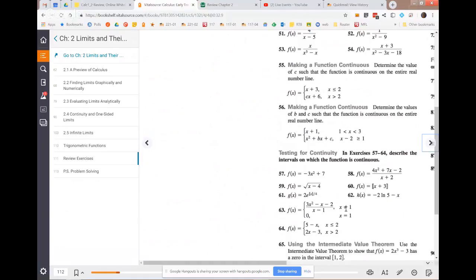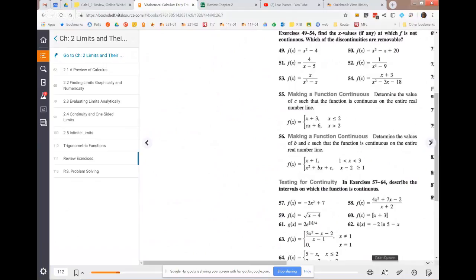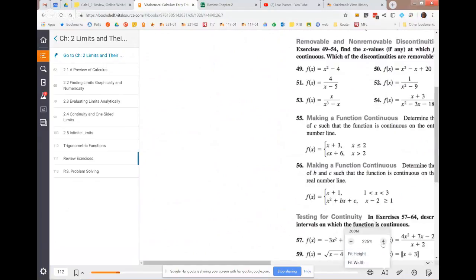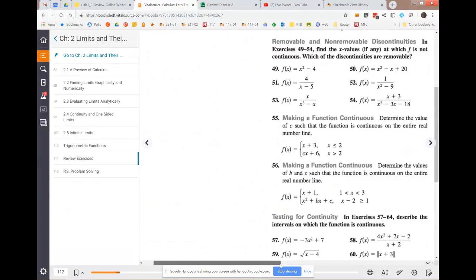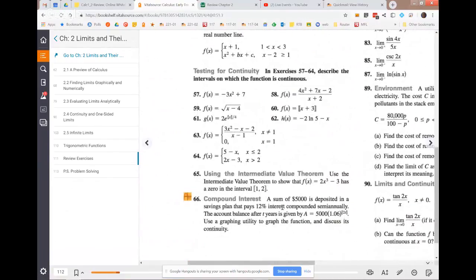Oh, here's another one. Let's take a look at 61. 2e to the greatest integer of x divided by 4. You're supposed to tell, is there any place where this is discontinuous? Would it be at any integer?